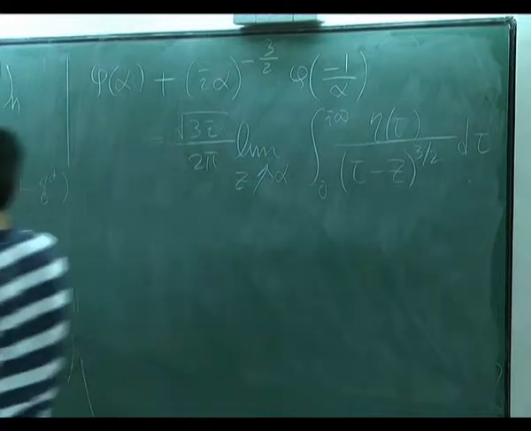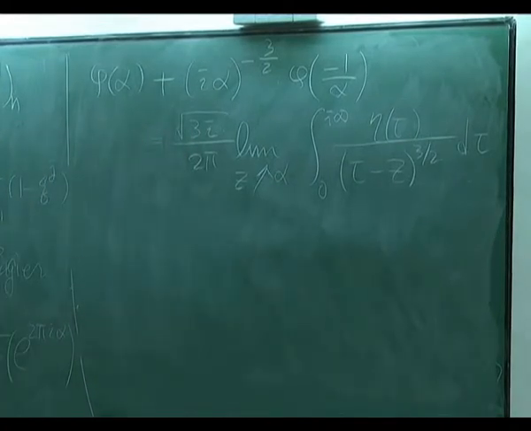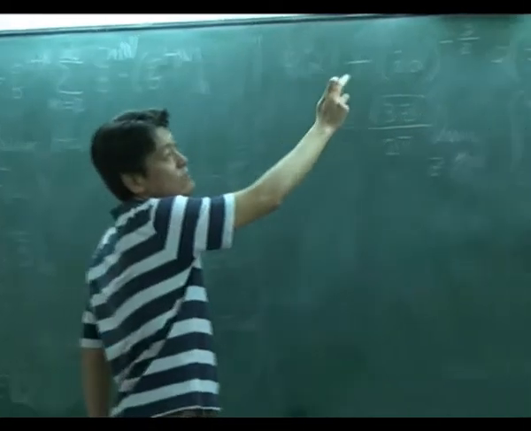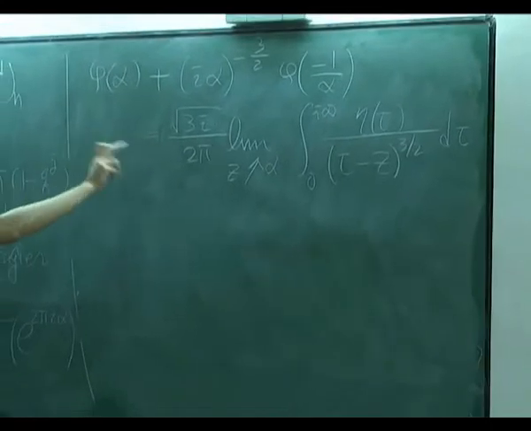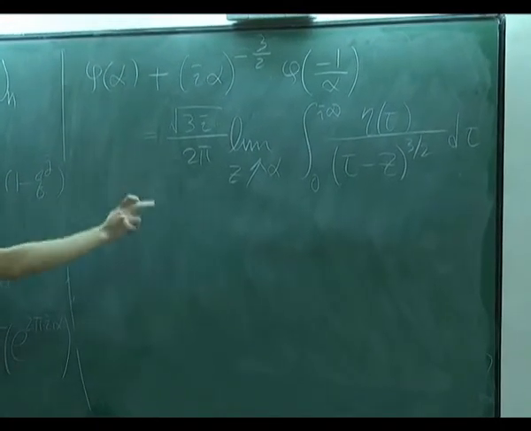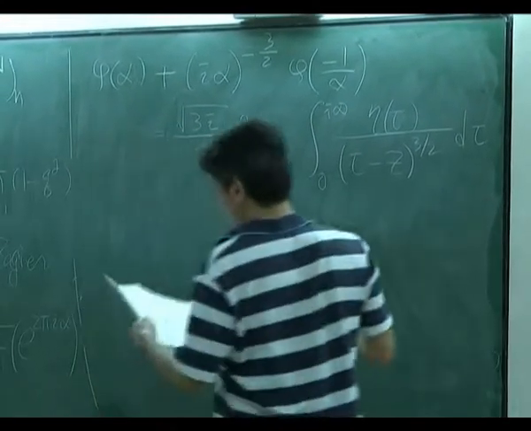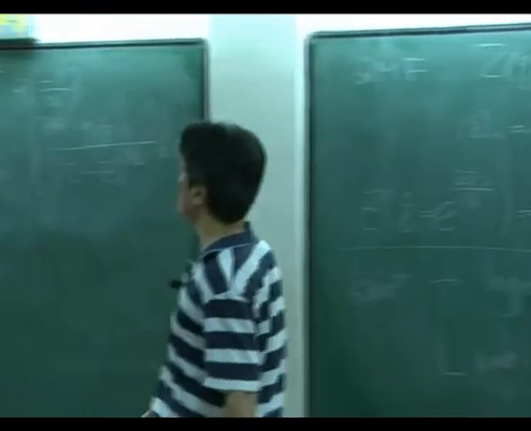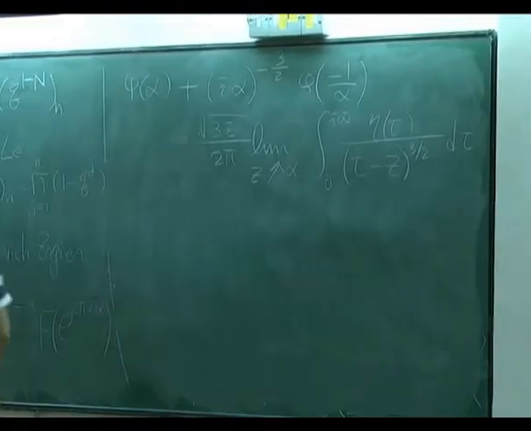So you see that this phi has meaning only at rational numbers. And at rational numbers, we have a very beautiful relation. This is essentially the same as the property of a mock modular form with weight 3/2.